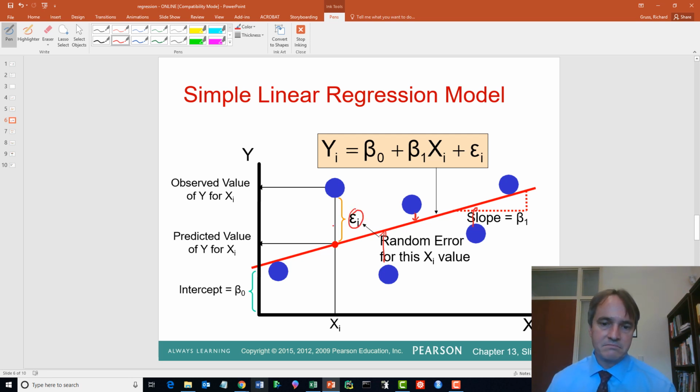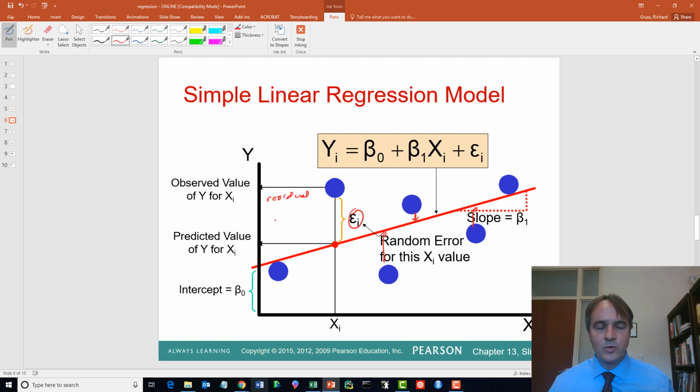These are actually residuals. Remember, this red thing here is the line that we've drawn, and this distance between the line and the actual value that we observed is not called the error, it's actually called the residual.